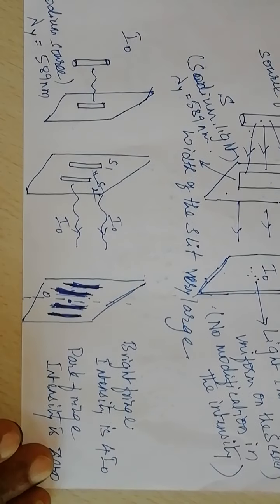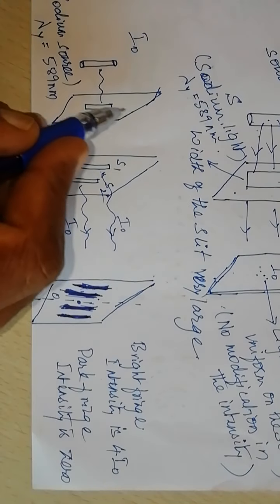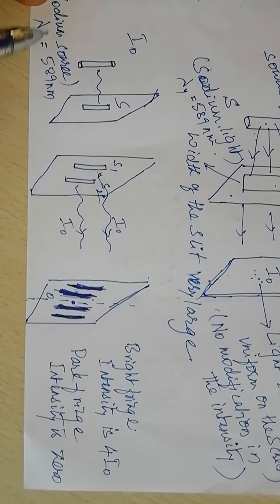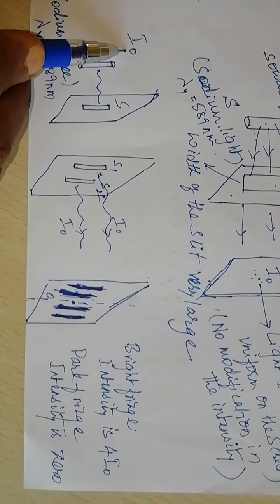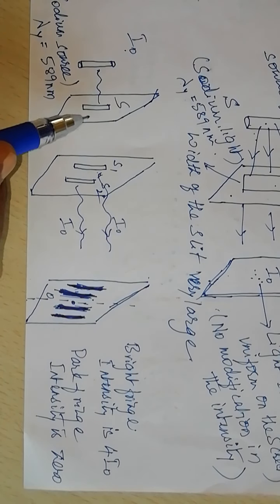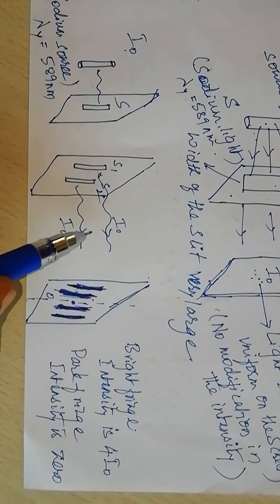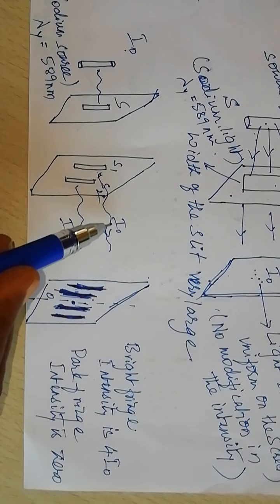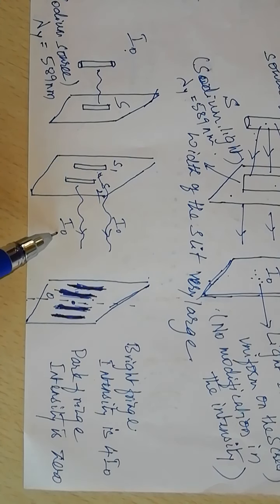Whereas in Young's double slit experiment, a single slit S is illuminated with the same monochromatic source, sodium source, with wavelength 589 nanometer. The intensity of light is I naught. The wavefront which reaches simultaneously both S1 and S2 is divided into two parts. The divided wavefronts have the intensity I naught and I naught.